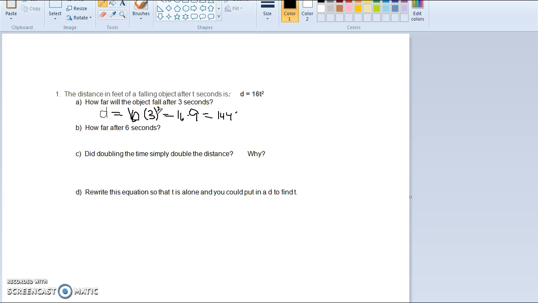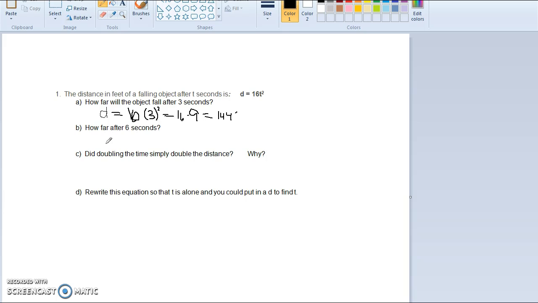So the object after 3 seconds, we substitute that in for t, and we get 16 times 9, and so the object after 3 seconds will have fallen 144 feet.